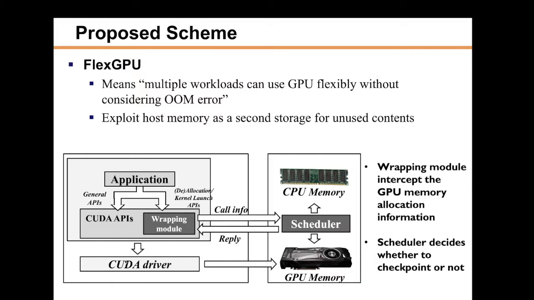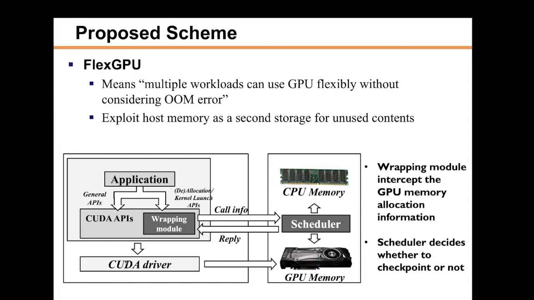So in this paper, we propose the FlexGPU framework, which means multiple GPU workloads can use the GPU flexibly without suffering OOM errors as well as deadlock issues. The key point of this framework is using the host memory: transferring contents in GPU memory that are not being used to the host memory, and bringing them back if they will be used again.